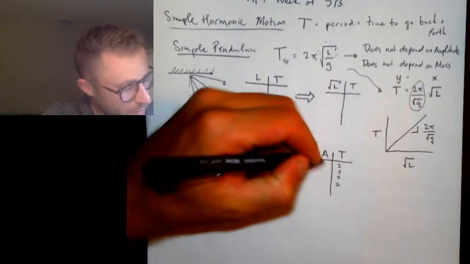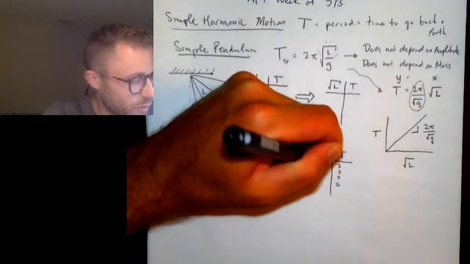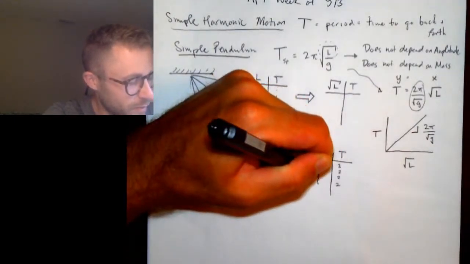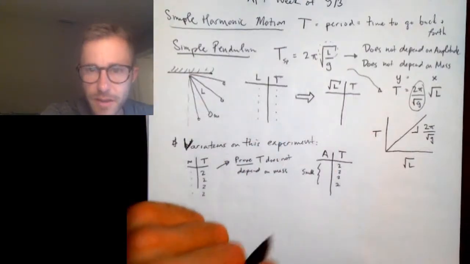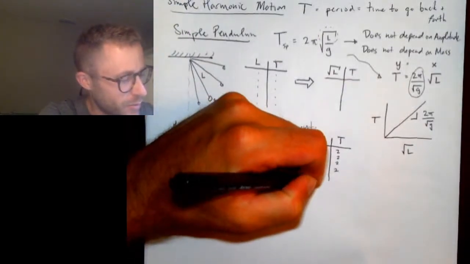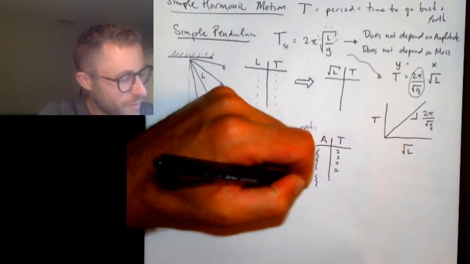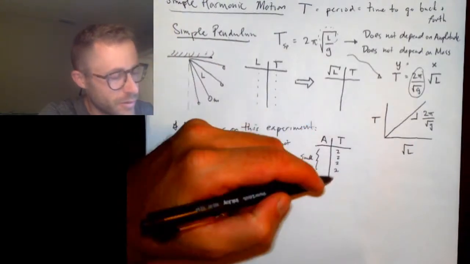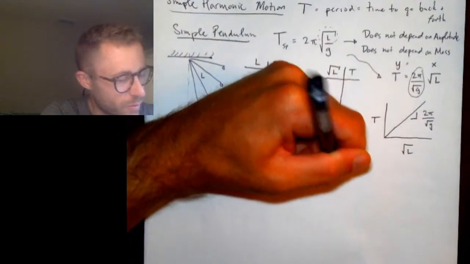So you'll have small amplitudes and the period is constant. Once you get to big amplitudes, the period is going to slowly start to grow.